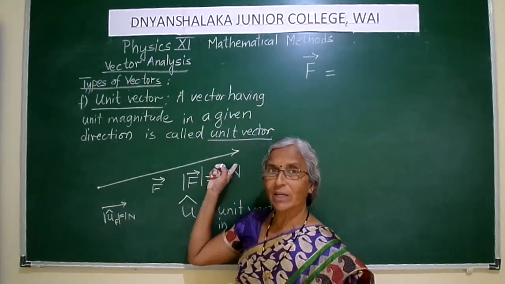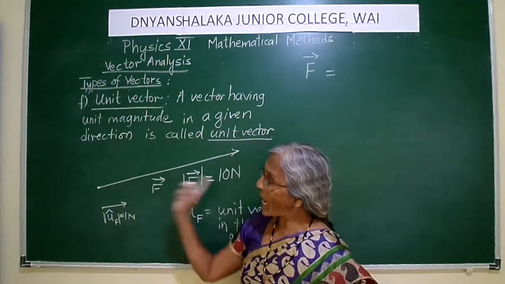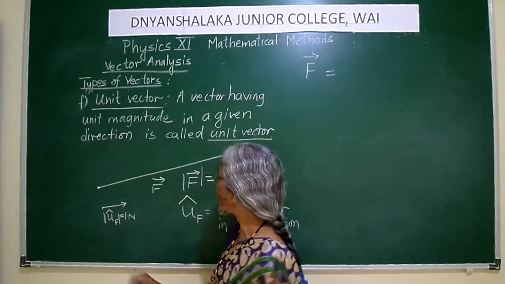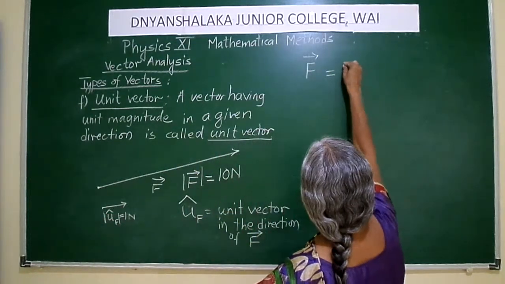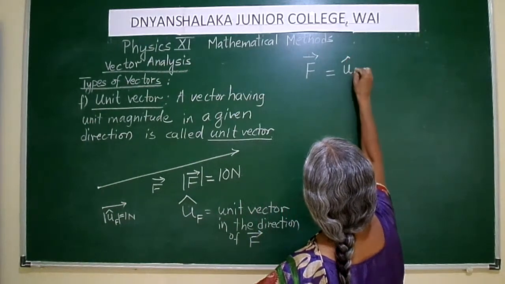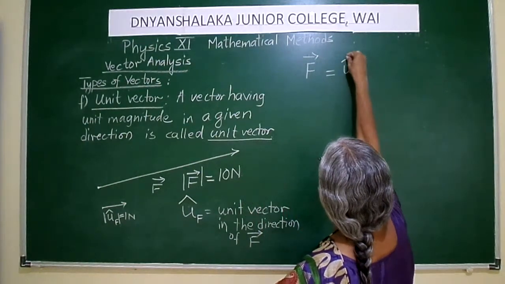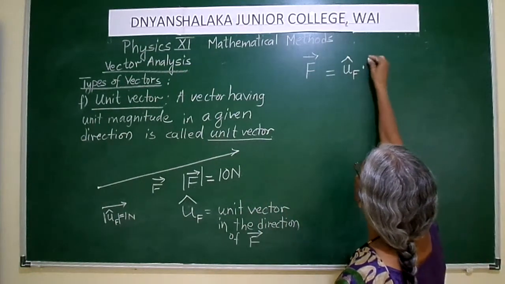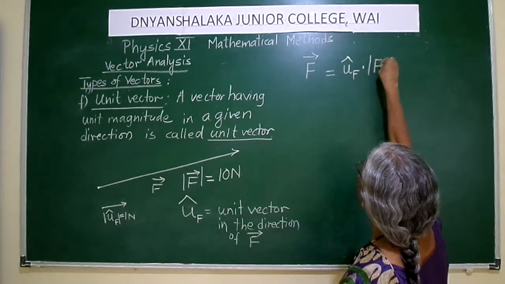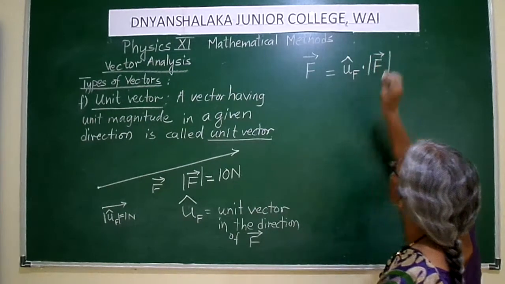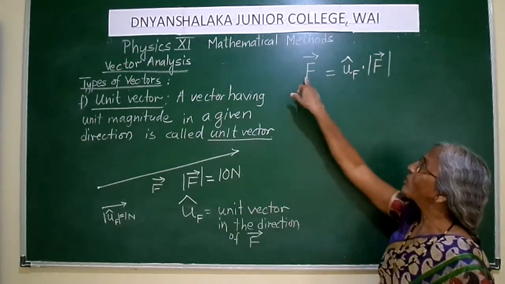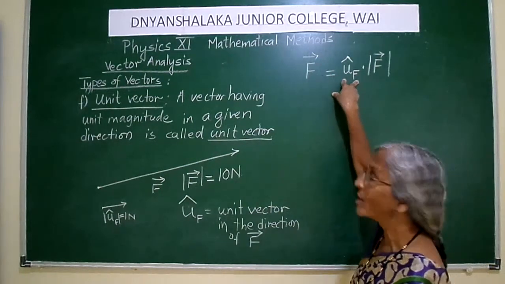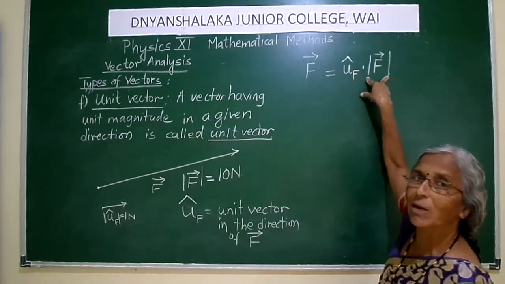Same as this vector, isn't it? So I can represent the direction of this vector by this unit vector. So I will say vector F will be n capped vector uF into magnitude of vector F.